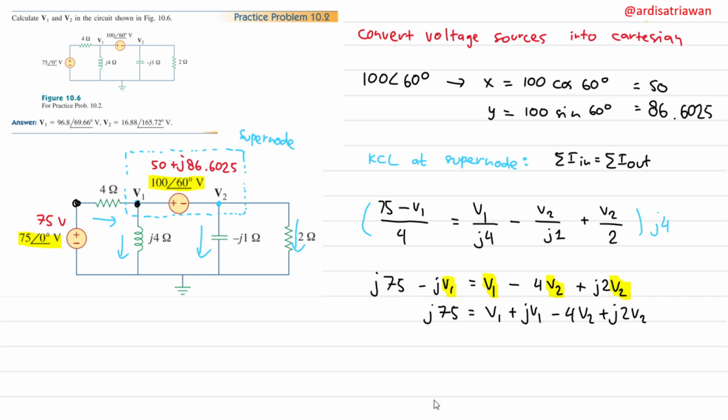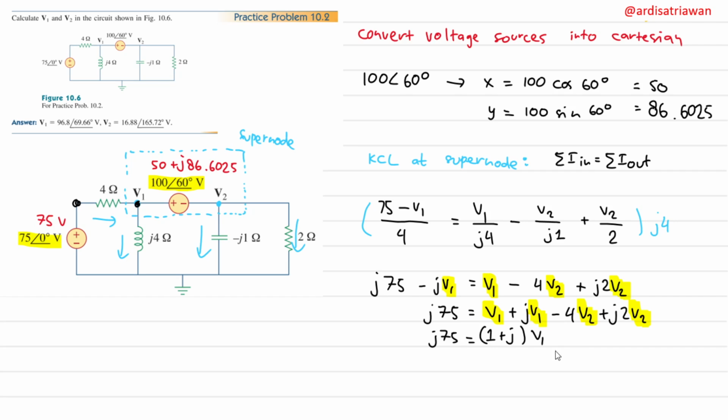Okay, let's mark the variables so we don't get confused again. And so we will have j75, and we can take out that V1 outside the bracket. So I will have this is (1 plus j), right?